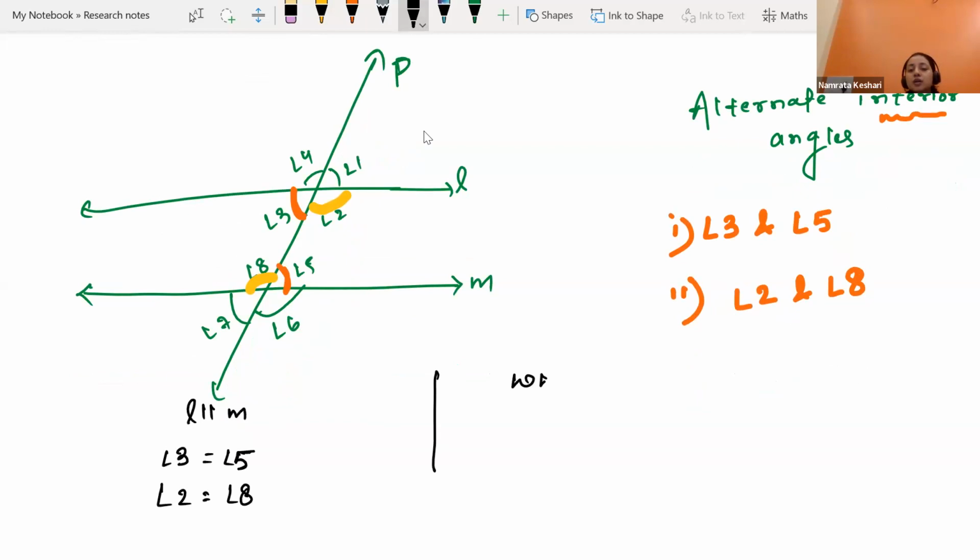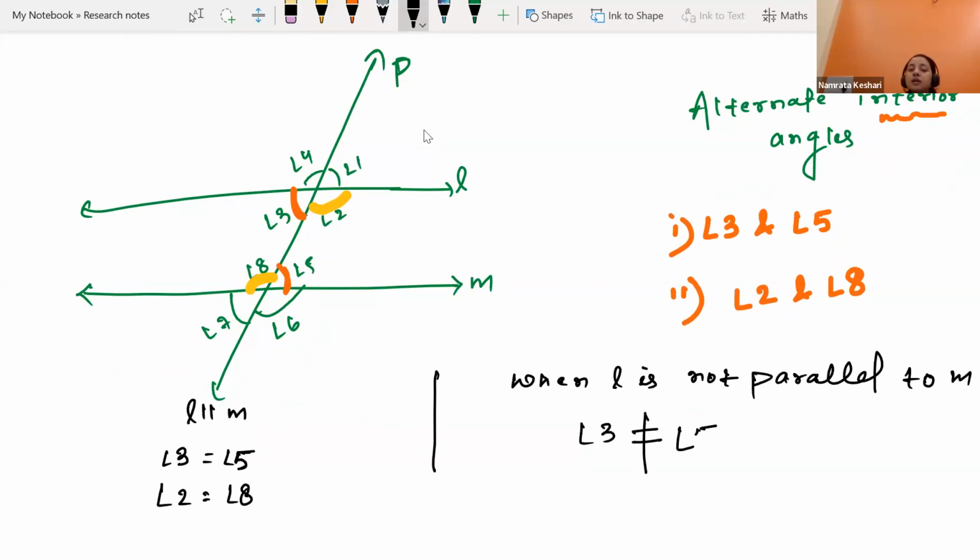And when L is not parallel, then these two angles will not be equal. Still, the name is alternate interior, but they will not be the same. Okay.